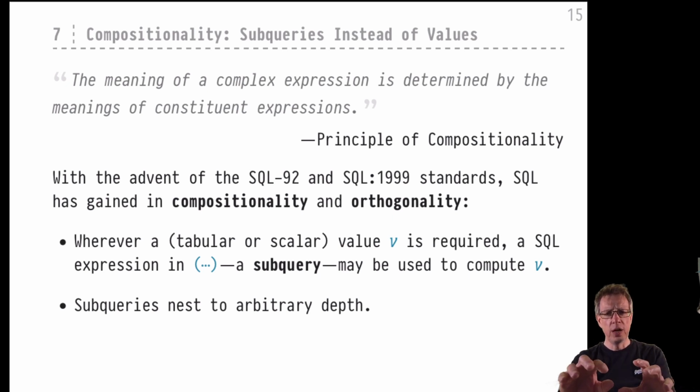So a subquery may contain another subquery, which then contains another subquery. This allows us to build a whole hierarchy, a whole stack of subqueries that are all evaluated as we expect them. If such a query yields a value v, it's okay. So we can compose queries to build up larger query structures.